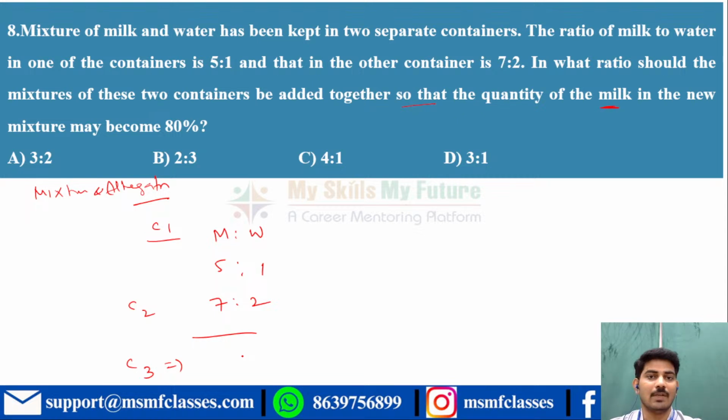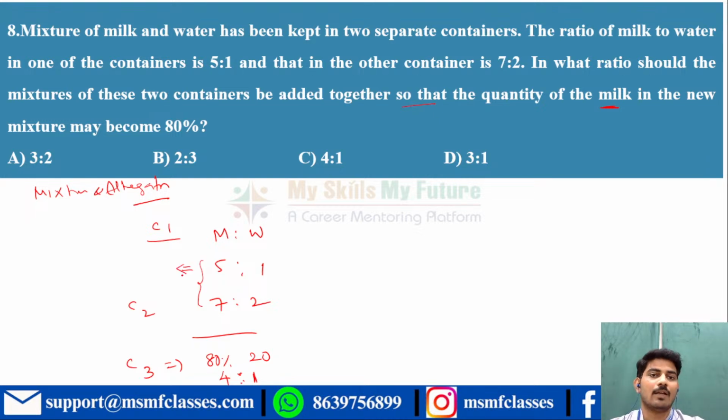If milk is 80%, the remaining is water only, which means the ratio will be 4:1. So in the new mixture, the milk to water ratio has to be 4:1. In order to get this 4:1 ratio, in what ratio do I need to mix these?